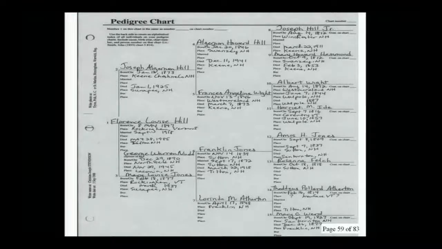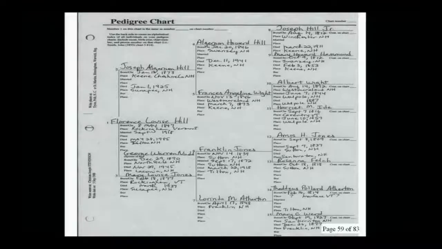Now, this is a family where it doesn't matter what record I find for Thaddeus Pollard Atherton, he's always Thaddeus Pollard Atherton. He's not Thaddeus Atherton, he's not Pollard Atherton, he's not Thad Atherton, he's Thaddeus Pollard Atherton. I have all of his children's birth records, marriage records, and death records. I don't have his birth record.